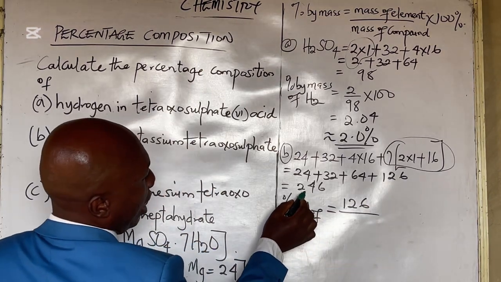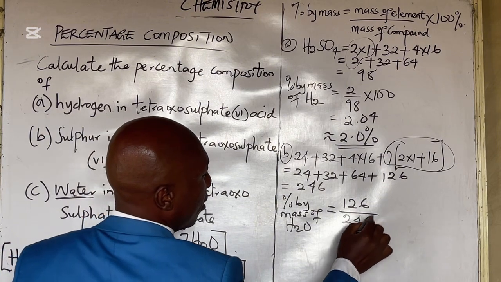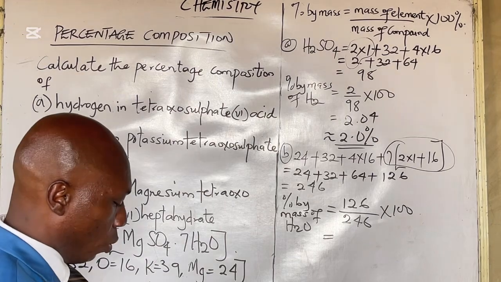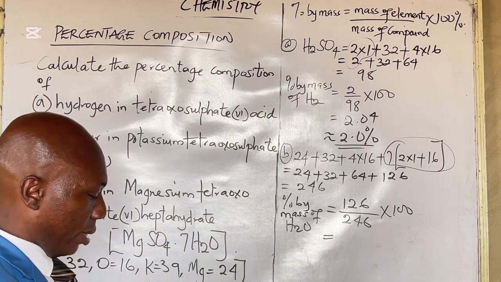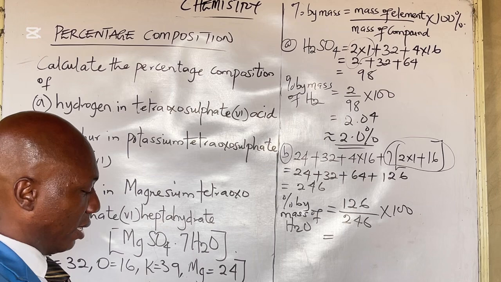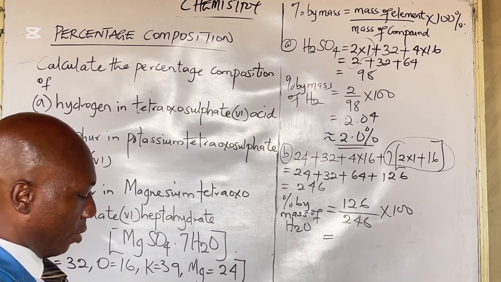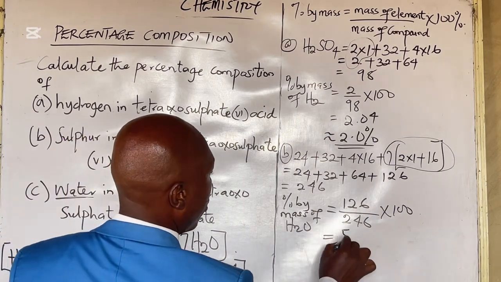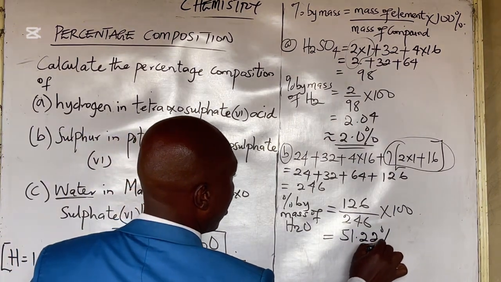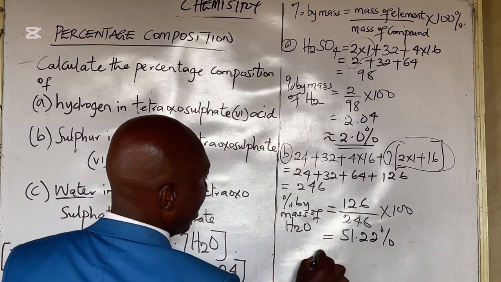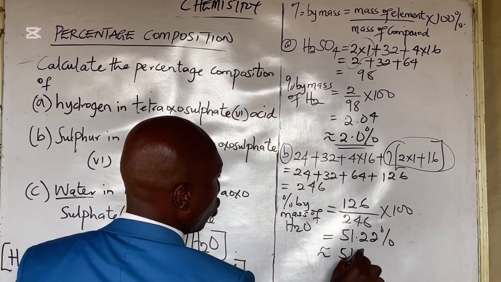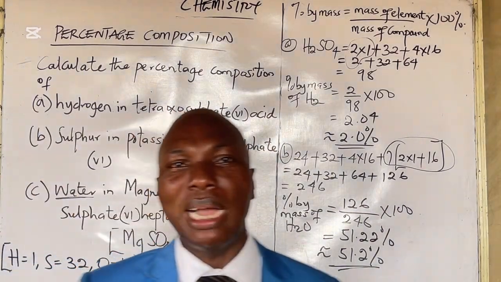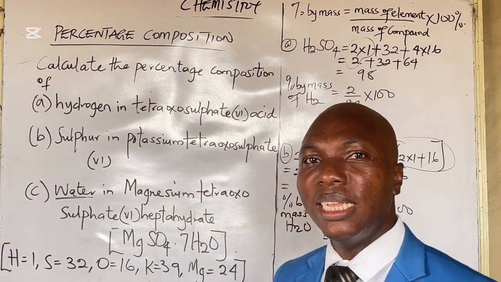The compound is 246, times 100. So if you do this very well, you have 126 divided by 246 times 100. That will give you 51.22%. To one decimal place, that's 51.2%. So that is how to calculate a percentage by mass of any given compound.